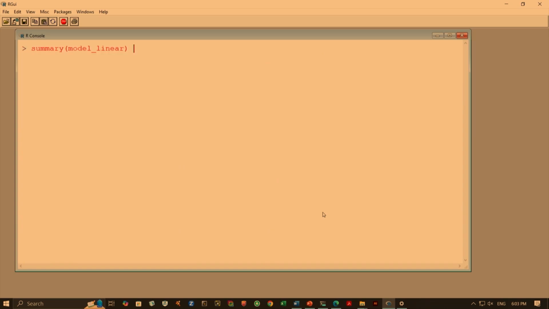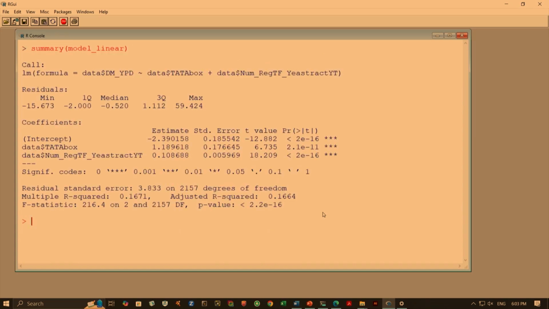So, here is the summary of model linear. Here the function is summary, not summary.aov. It says this is the formula of the model that we have used. These are the residuals. These are the coefficients, the effects of each of these that we have estimated here. And what you see are the results of the ANOVA actually, below, which is the F statistic and the p value.